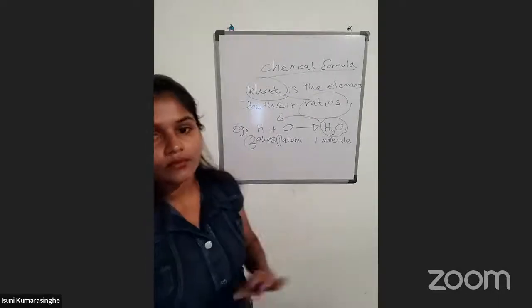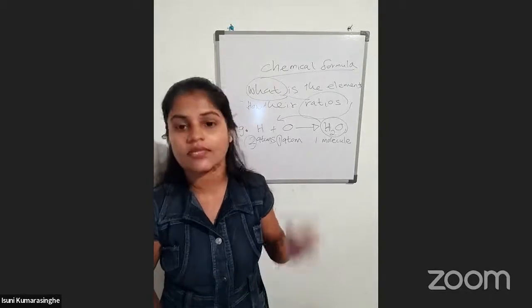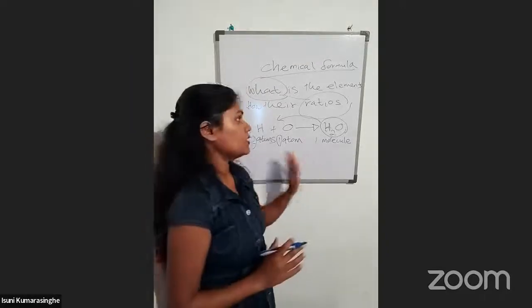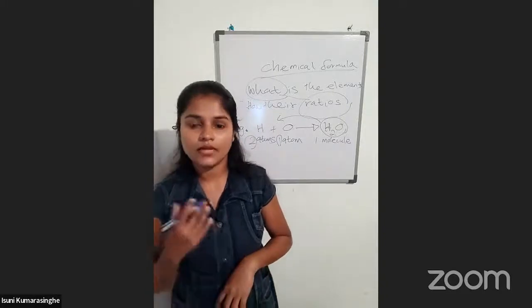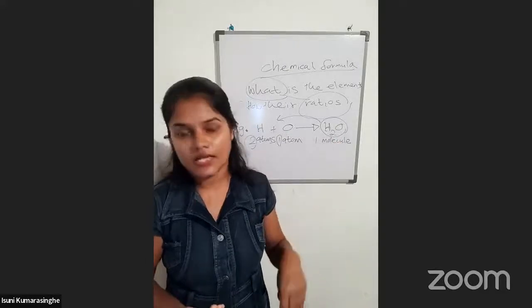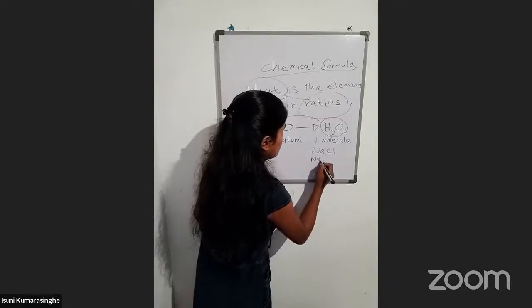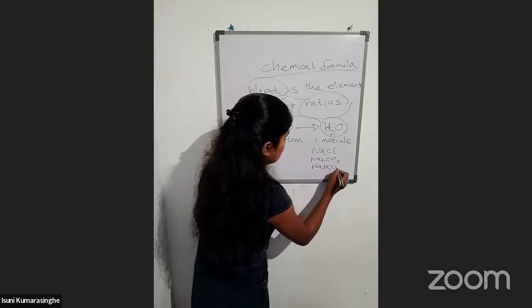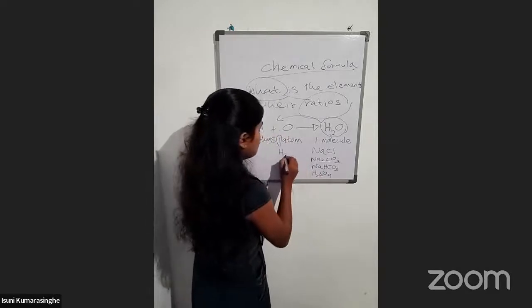Likewise, there are thousands, millions of compounds in chemistry which have different chemical formulas. Under your syllabus, you have to have a proper idea about some specific compounds, normally basic ones with exact element ratios, like sodium chloride, sodium carbonate, sodium bicarbonate, sulfuric, phosphoric.